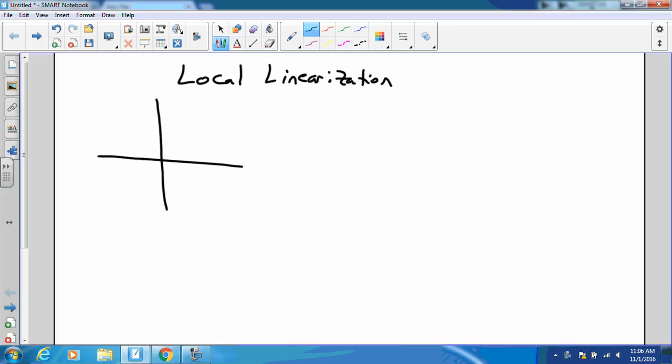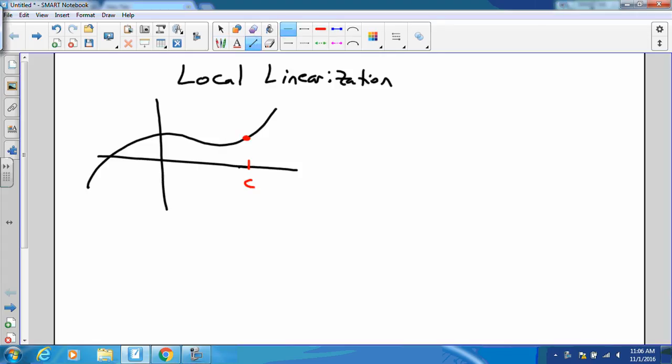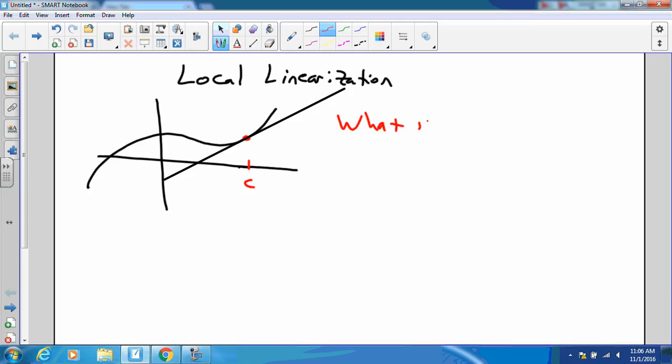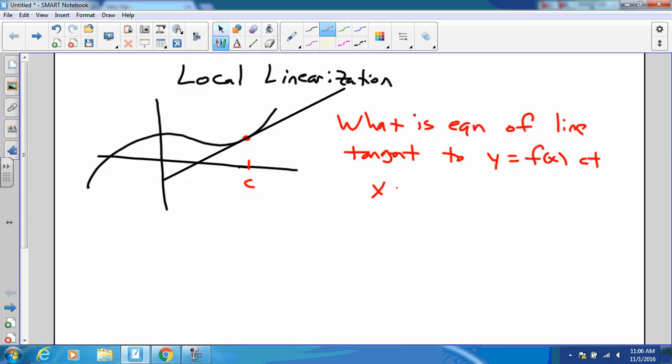So let's consider. We have a function f of x, and we have a point c. We're now going to construct the tangent line, the line tangent to the graph of f at x equals c, kind of like so. And we ask, what is the equation of the tangent line at x equals c?